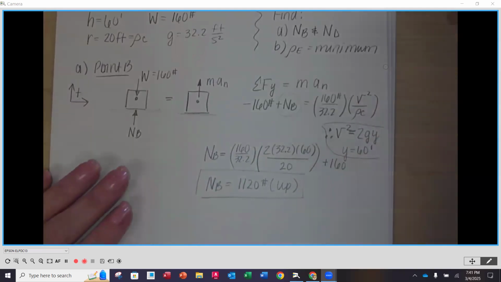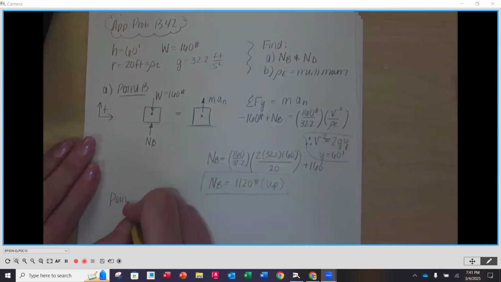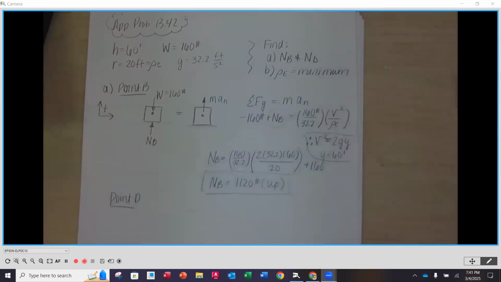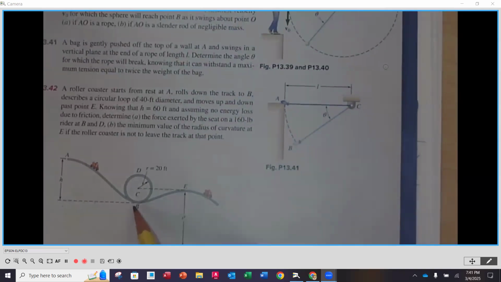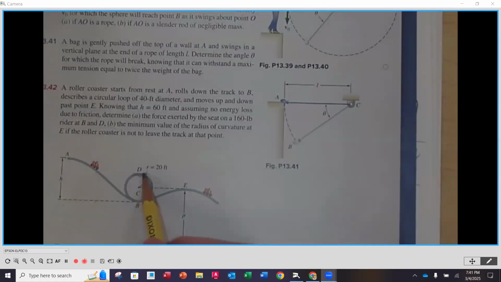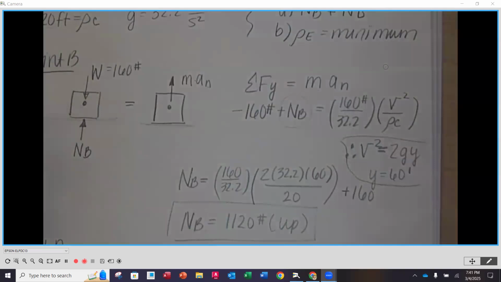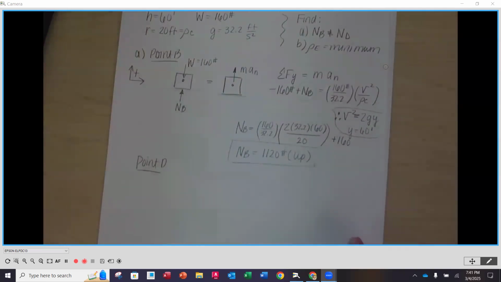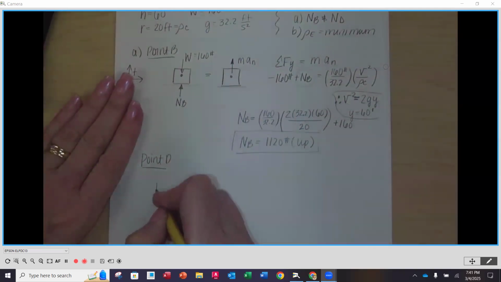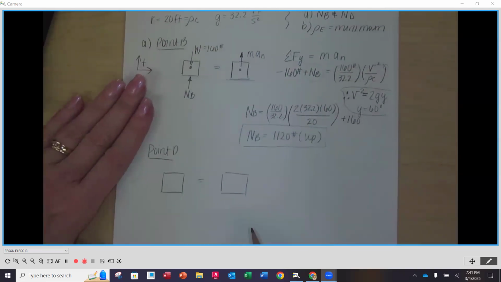Okay, so the second part of this, I'm just going to help you set it up. You're going to look then at point D. Now, point D, if we look on our roller coaster here, if our wheels are here at B, we're going to go around and our wheels are going to be up at D, but we're going to be upside down, right? So when you set this up for point D, you're going to have the same block in each section, right?